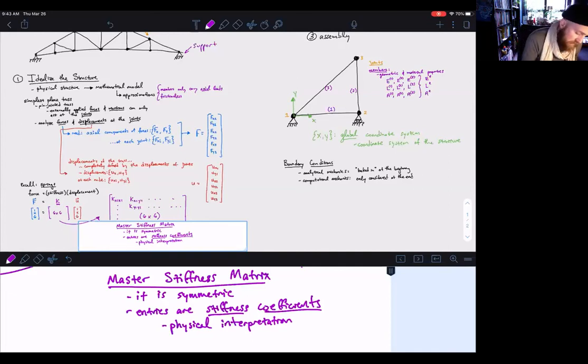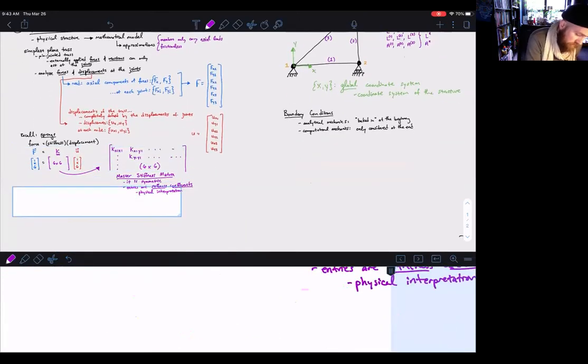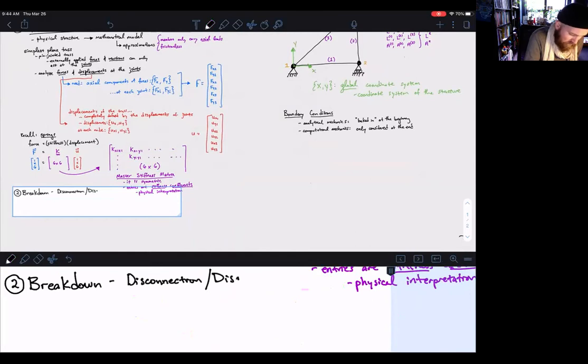And that leads us to step 2 for this. Step 2 is referred to as breakdown, where we're going to disconnect or disassemble the structure.